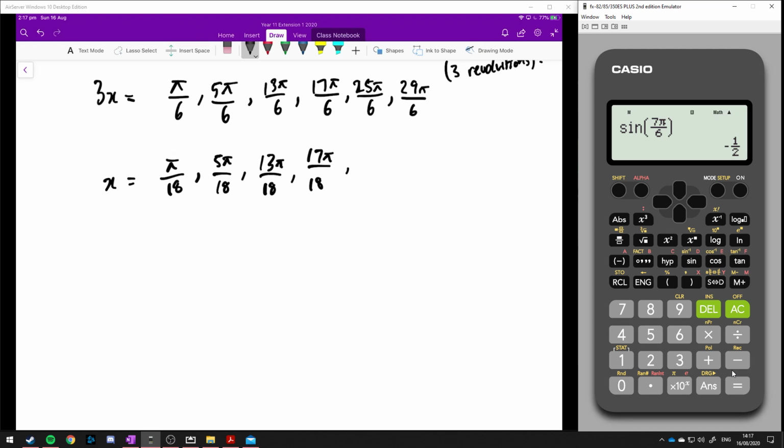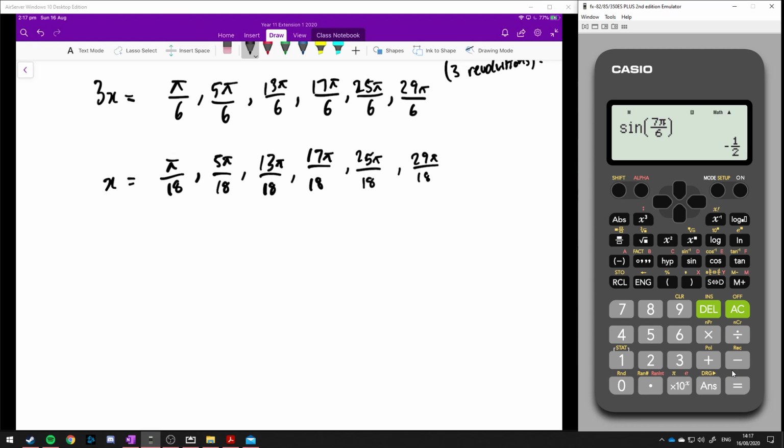And then for these ones, we've got 25 pi on 18 and 29 pi on 18, so just a bit over 1 pi.